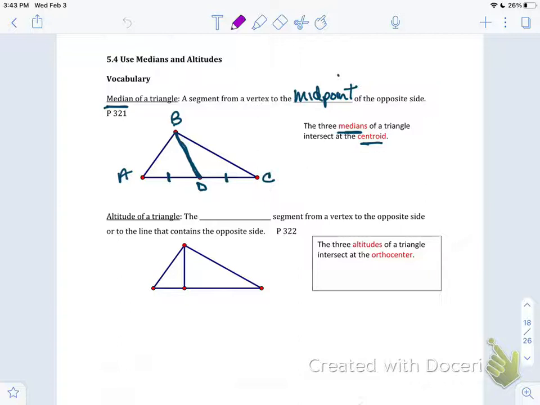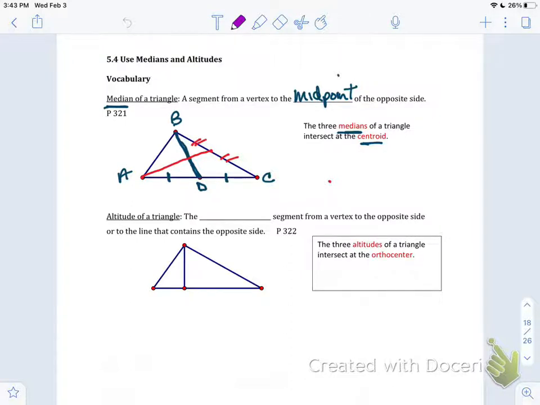So let's do another set. If I draw a median from A to the midpoint of BC, so let's say right about there is the midpoint of BC. Then to draw that, I'm going to connect it just like that. Okay, so now what I know is that this piece is going to equal this piece.